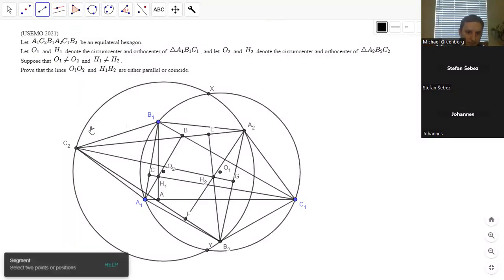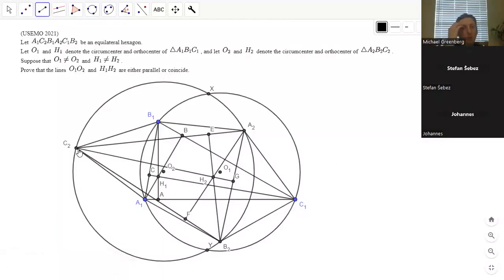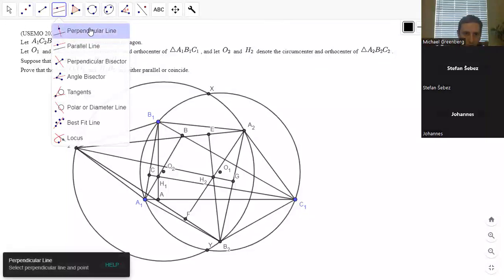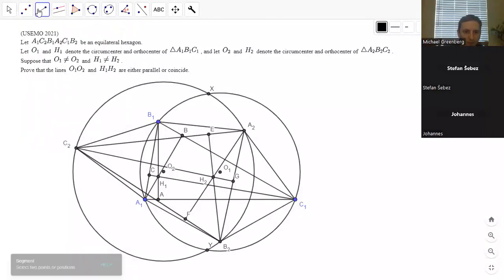So obviously this bisects that angle, or sorry. So C2O1 bisects that angle, and A2O1 bisects that angle, and B2O1 bisects that angle.